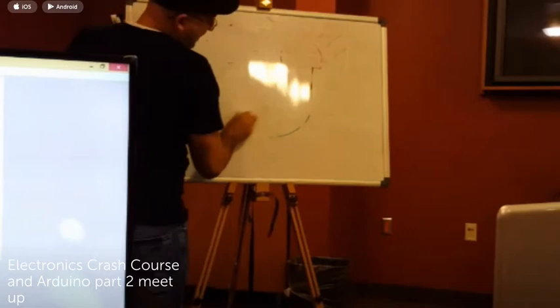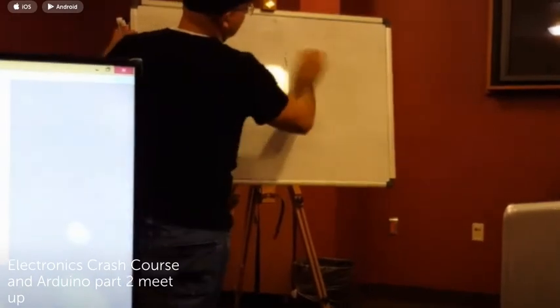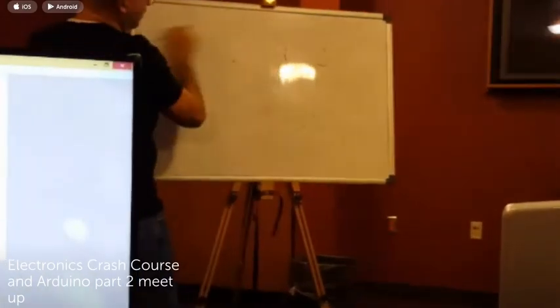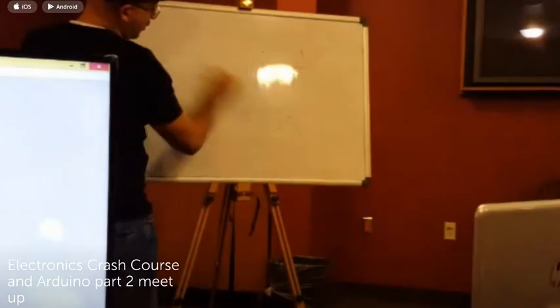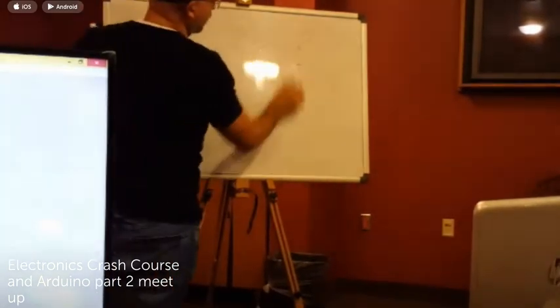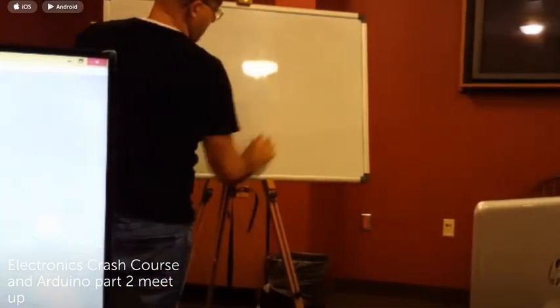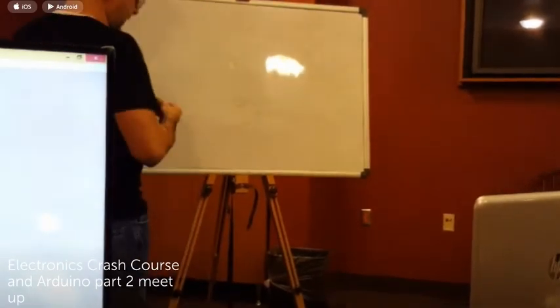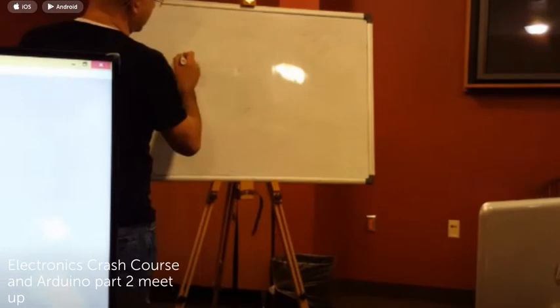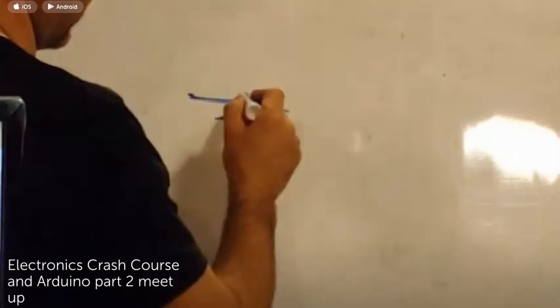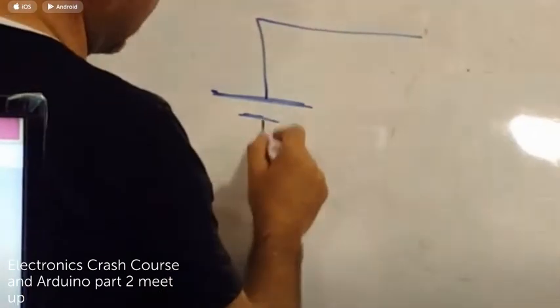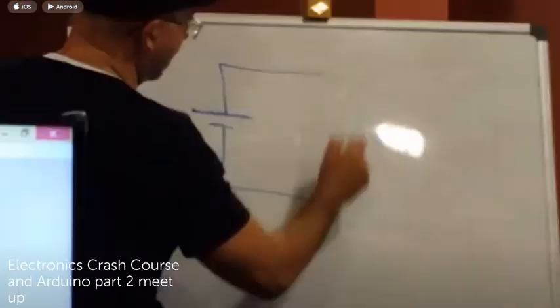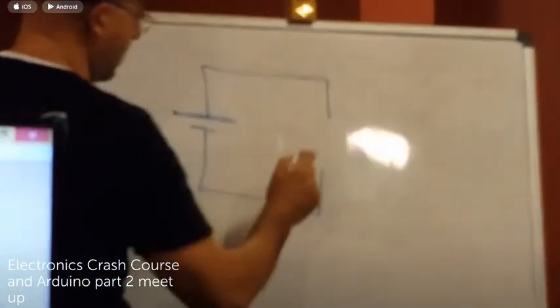You cannot connect an LED directly to power because it would have infinite current and it would overheat and get damaged. So whenever you're connecting an LED, let's say this is the battery. This is the positive side of the battery, this is the negative side of the battery, and you're going to be connecting this to an LED. It's going to be right here.